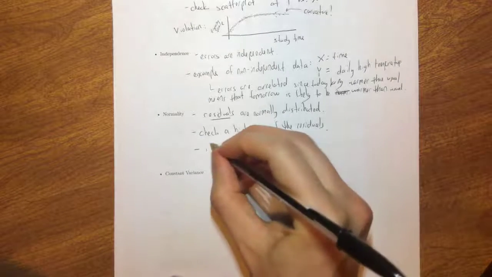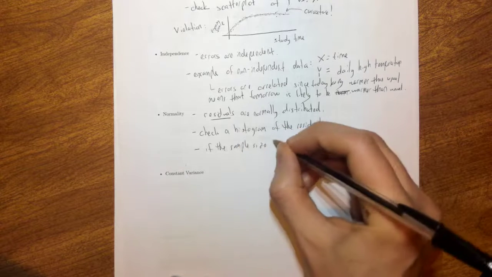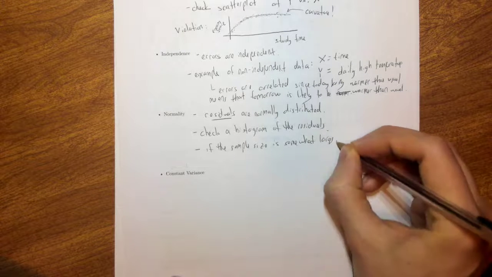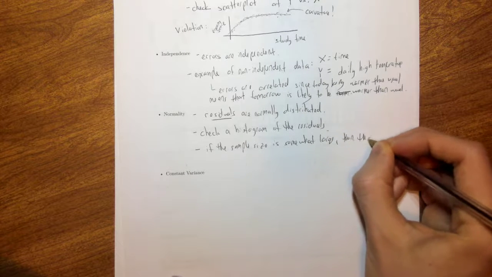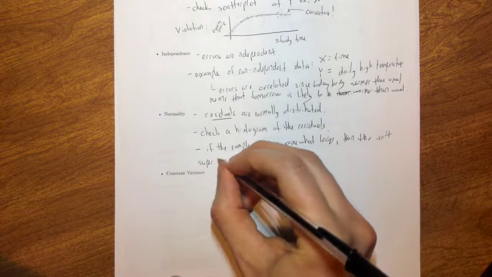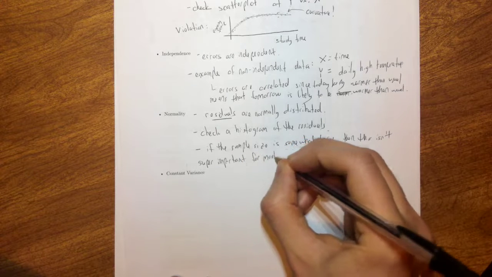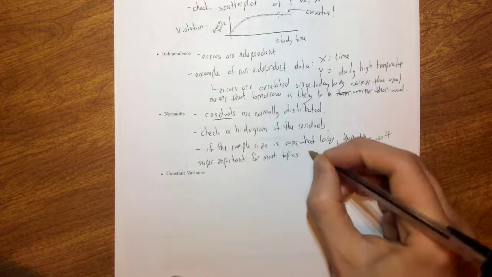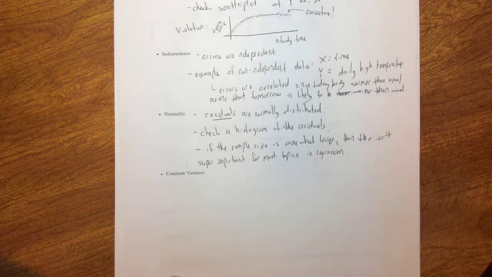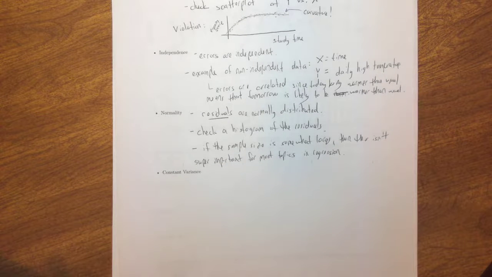If our sample size is somewhat large, then this isn't super important for most topics in regression, in particular for all of the topics that we talk about in IntroStat. So if we have a large sample size, most of the time we're pretty much good.